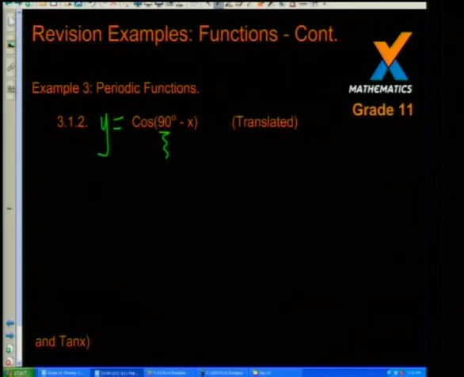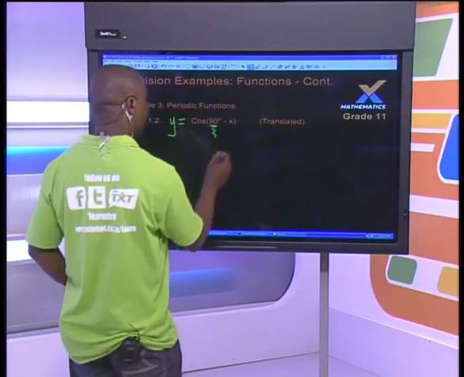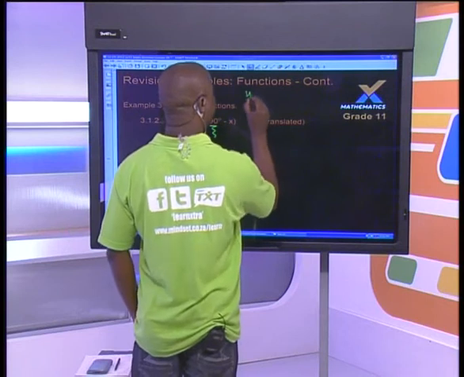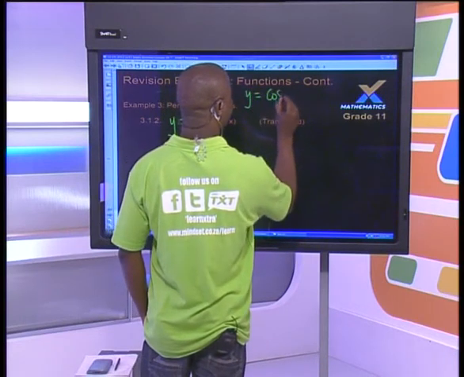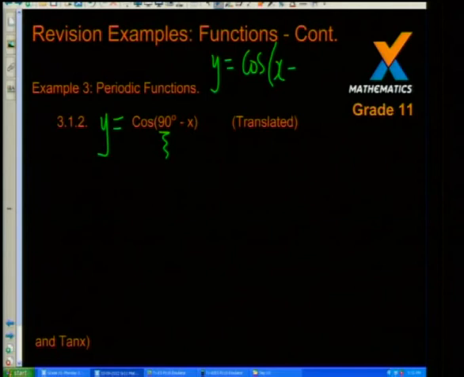But notice that you've got 90 minus x, which is not the same as x minus 90. So usually the form that comes up is y equals, let's say, cos of x minus some angle, something like that.